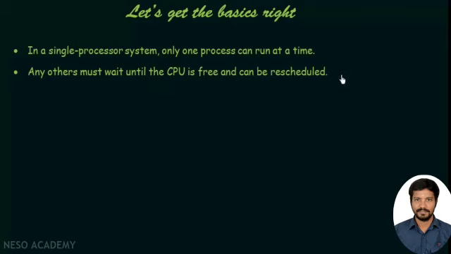So when one process is running, we have to wait until that process is completed, and only after that can any other waiting process be given the CPU for its own execution. This is what happens in single processor systems. But we already saw that we have multiprocessor systems as well. Multiprocessor systems were much better because there are more processors, and hence more processes can run simultaneously at the same time.